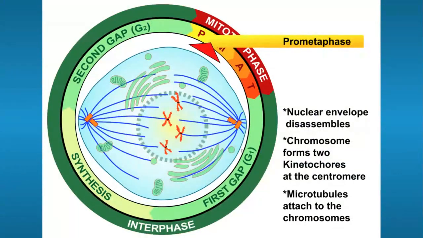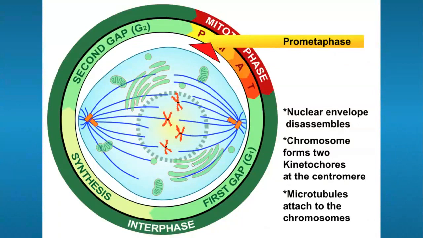The next phase here is prometaphase, where we see the nuclear envelope further dissolving, and the chromosomes have already formed, but now the spindle fibers are attaching to the kinetochores at the centromere, at the center of the chromosome.